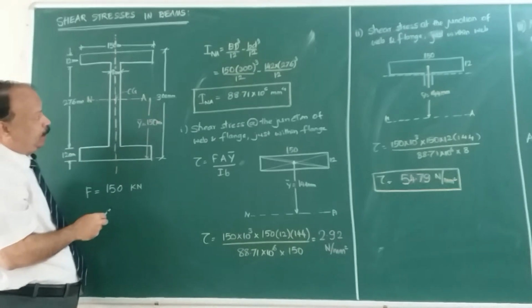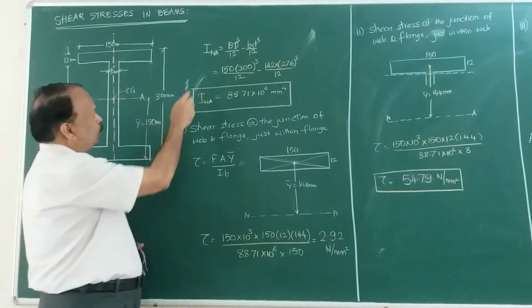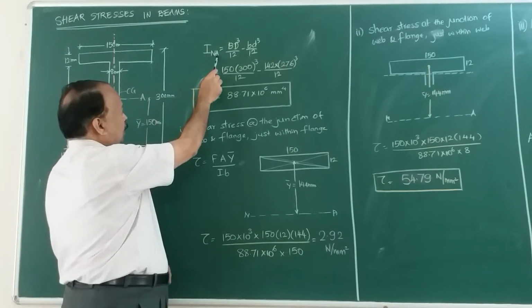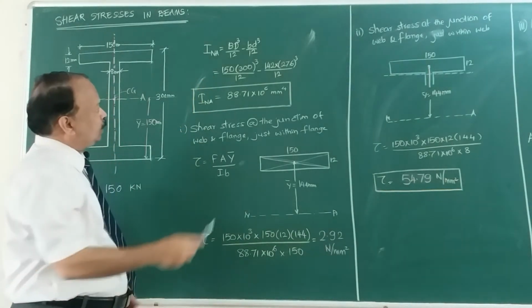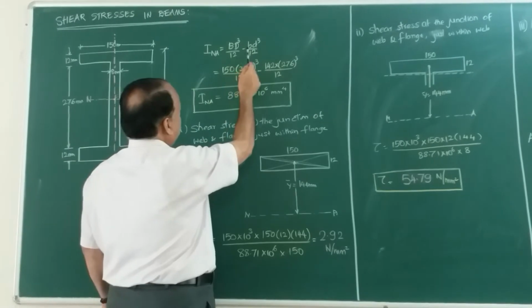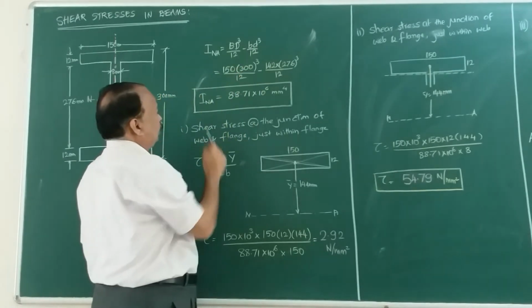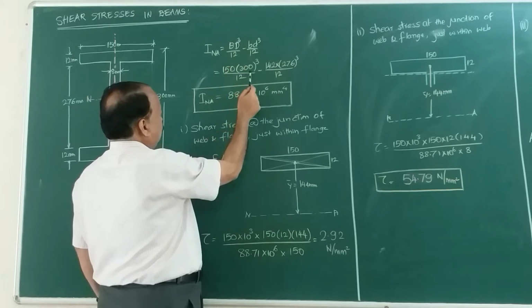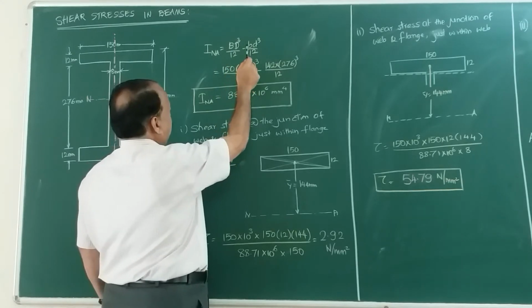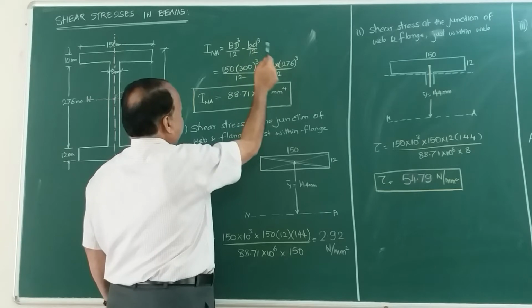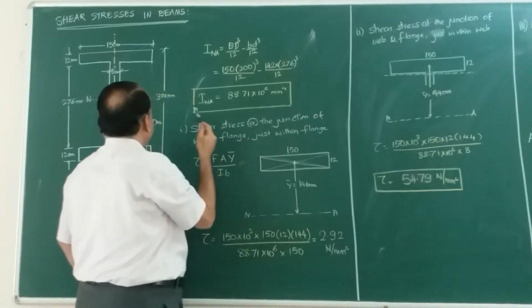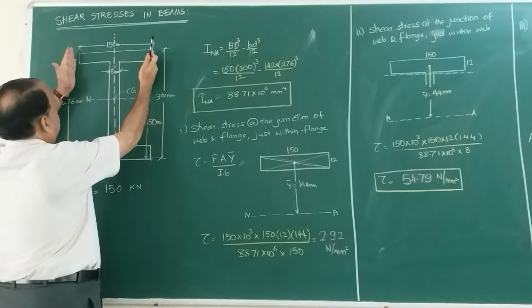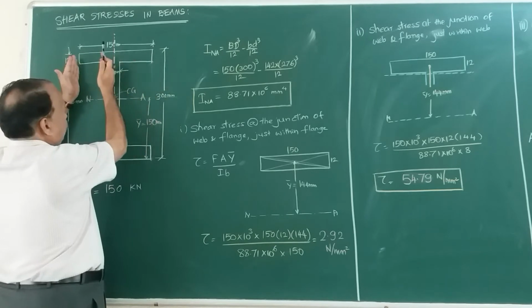So let us proceed. We can calculate moment of inertia about neutral axis with this formula: BD cube by 12 minus bd cube by 12, where capital B is 150, capital D is 300 and small b is 142 and small d is 276. That is, here it is 150 minus 8 will be 142.